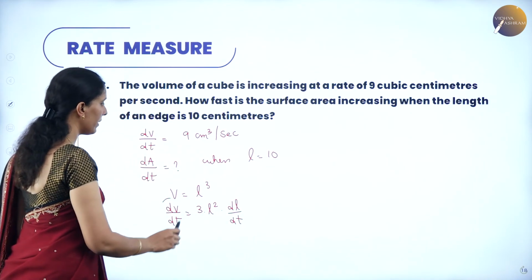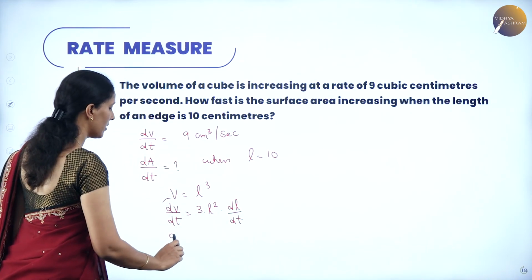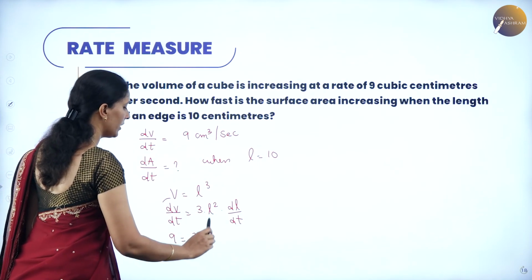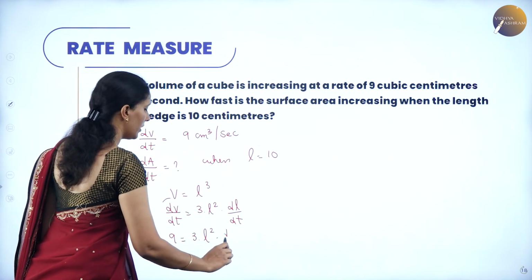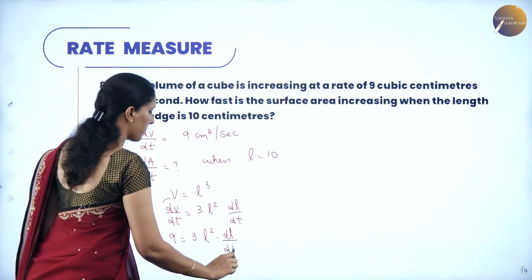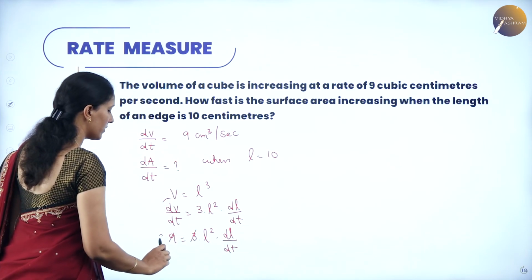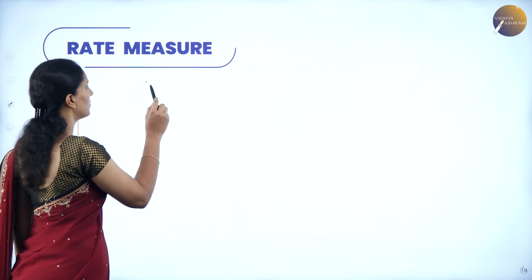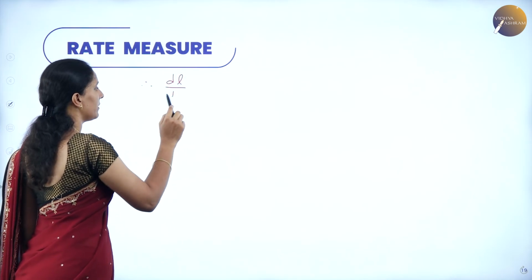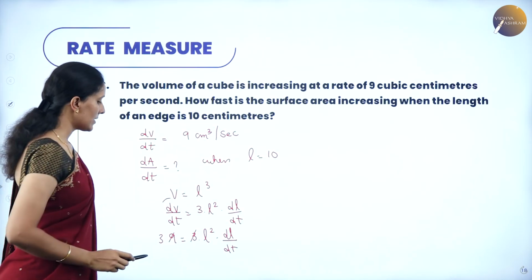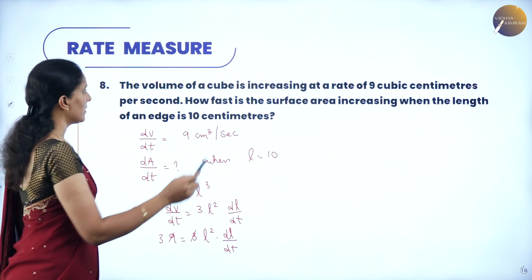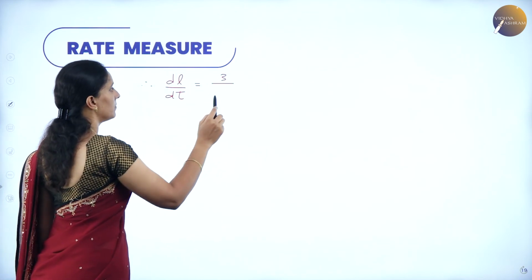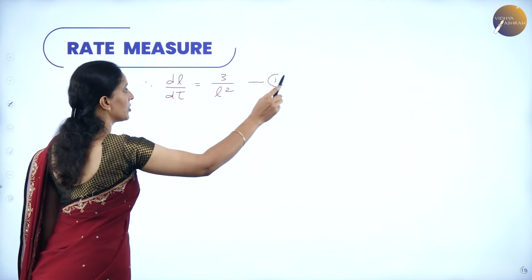So, now here dV/dt is given, that is 9. 9 is equal to 3 into L² into dL/dt. Now, 3 ones are 3, 3 threes are 9. So, therefore, dL/dt can be written as 3/L². Take this as equation 1.